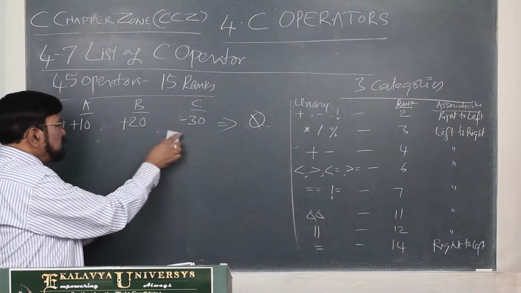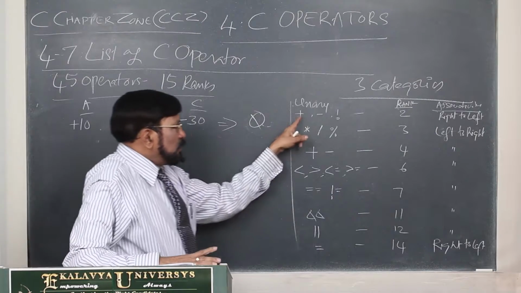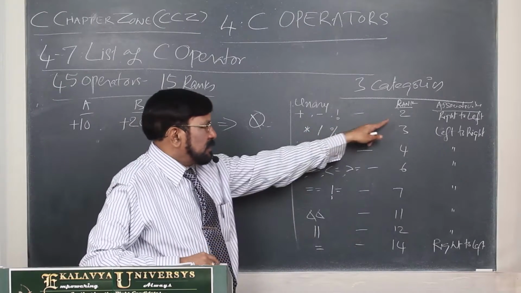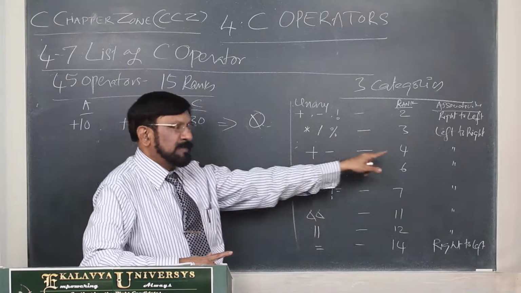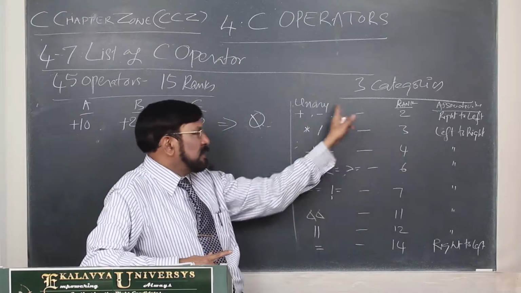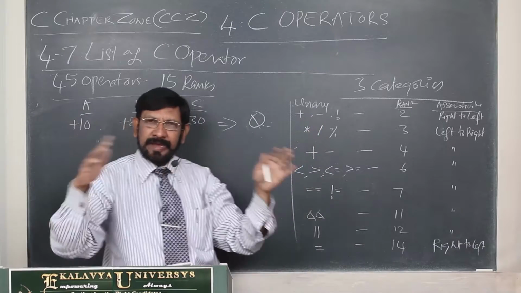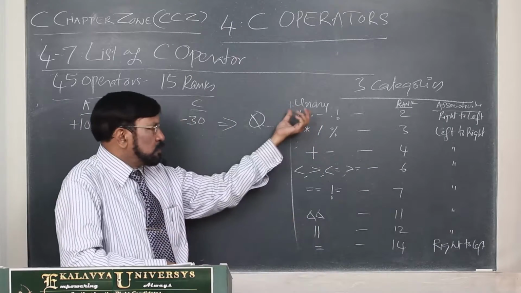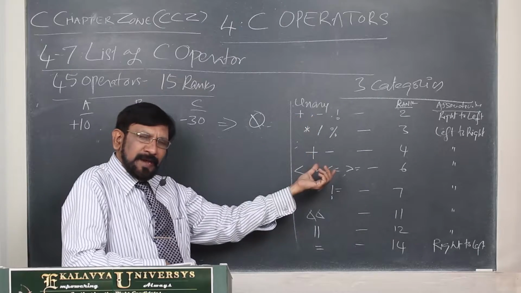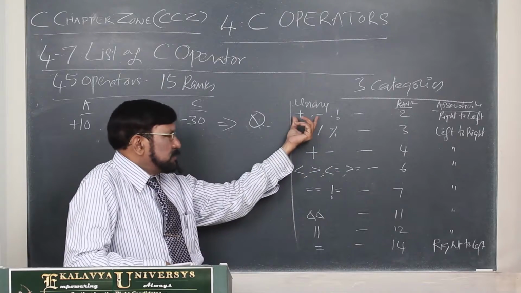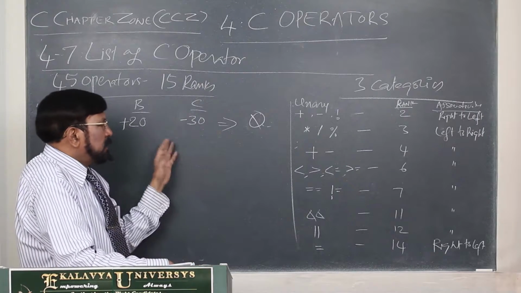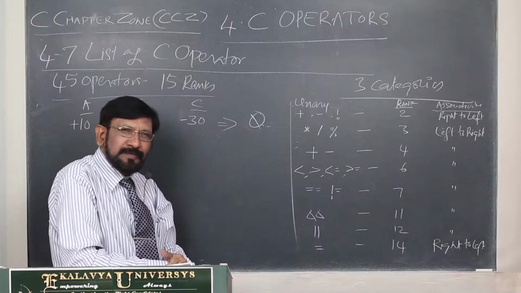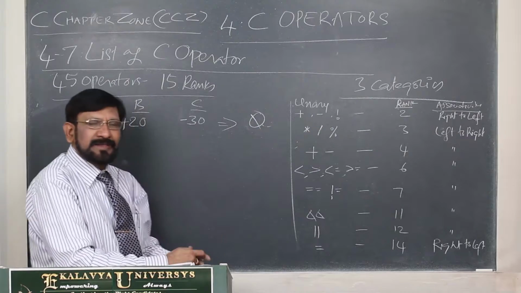Now come to the ranks. Unary plus and minus are in the second rank, binary plus and minus in the fourth rank. Whenever an expression contains both unary and binary plus and minus, first unary plus and minus are considered, thereafter binary plus or minus. That's why the rank is given like that.